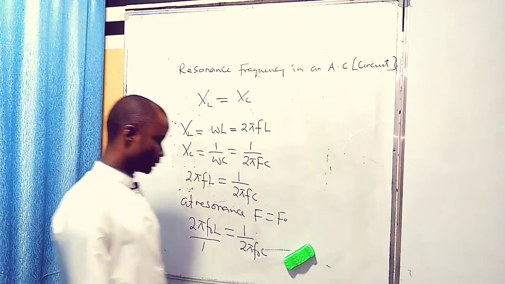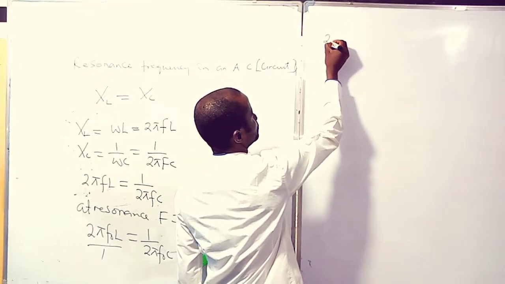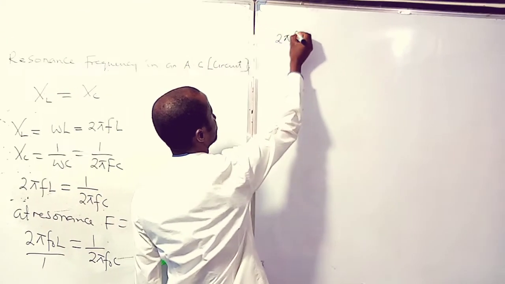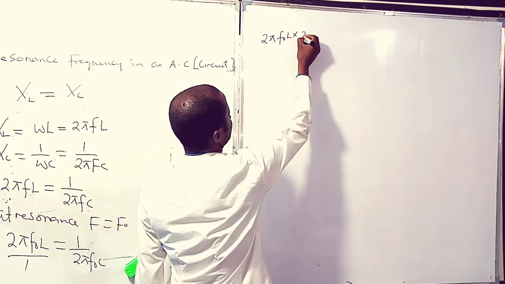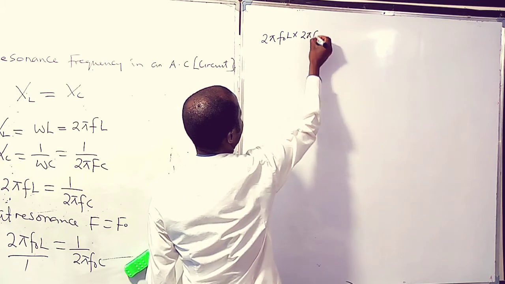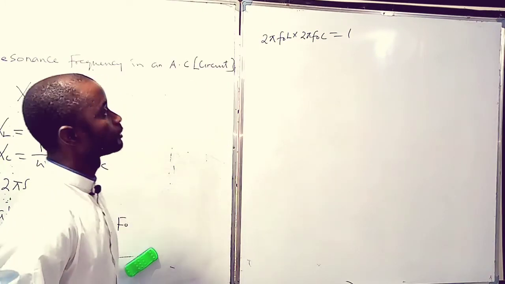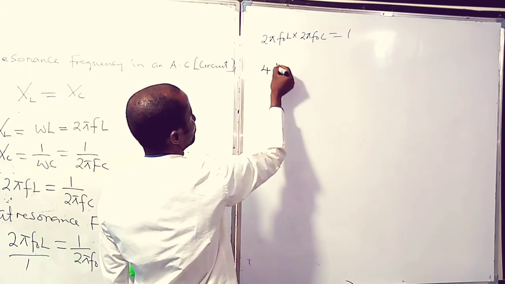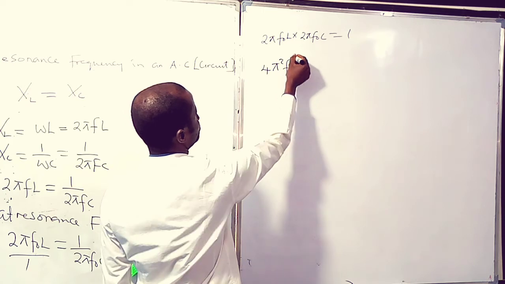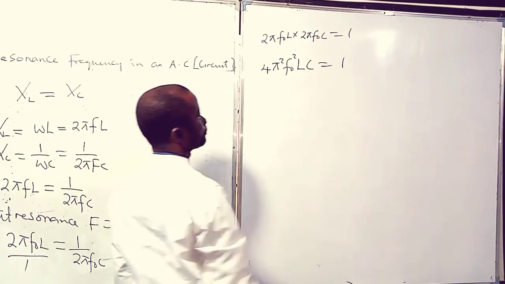Cross multiplying, we have 2 pi f naught L times 2 pi f naught C equal to 1. Therefore, 2 times 2, that will be 4 pi square f naught square LC is equal to 1.